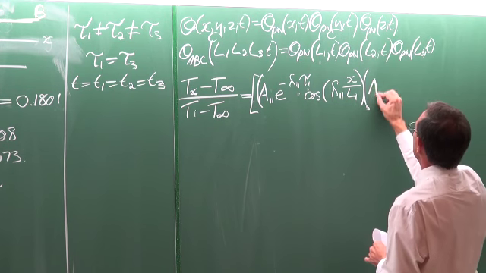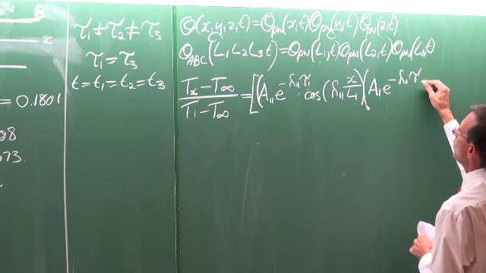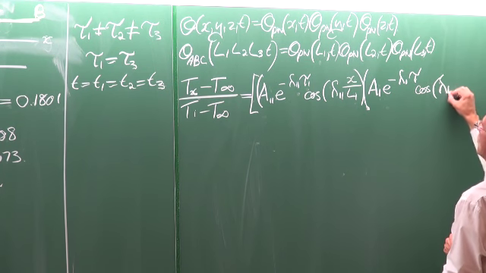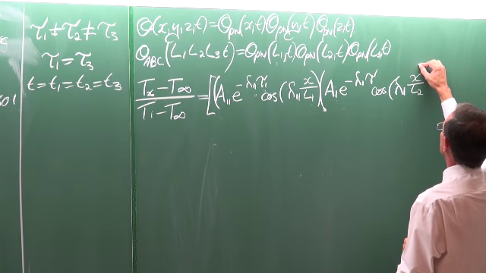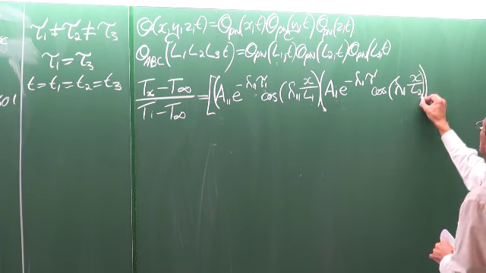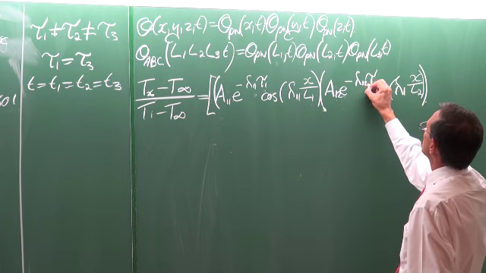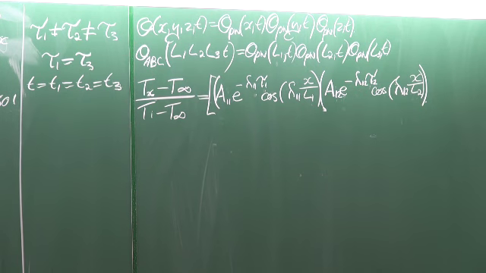So the second term, again, A1 e to the minus lambda 1 multiplied by tau multiplied by the cos of lambda 1 multiplied by x divided by L2. Now it is the second A, it is the second lambda, and that would be the second tau. Multiplied by the third one.